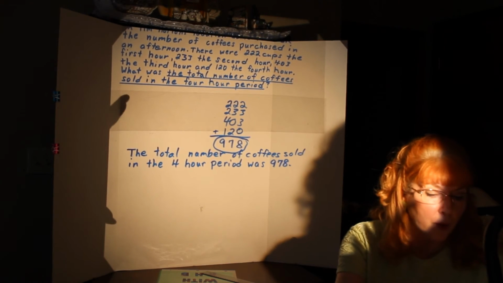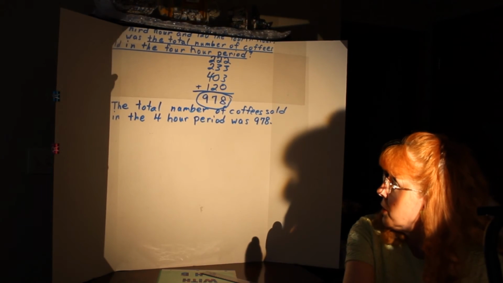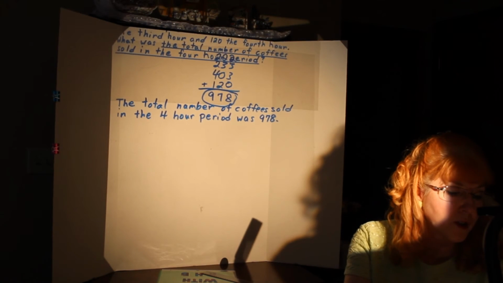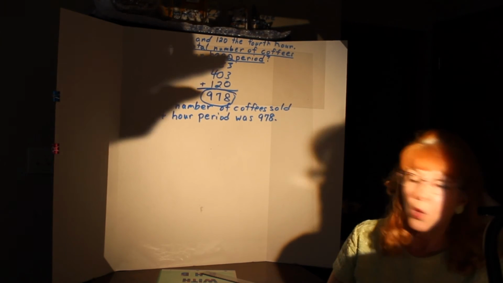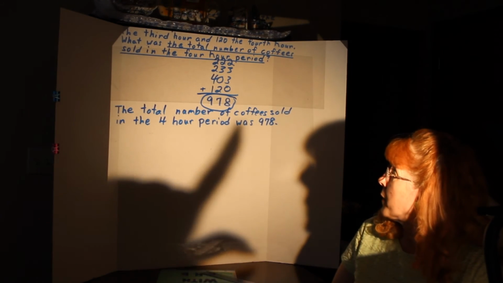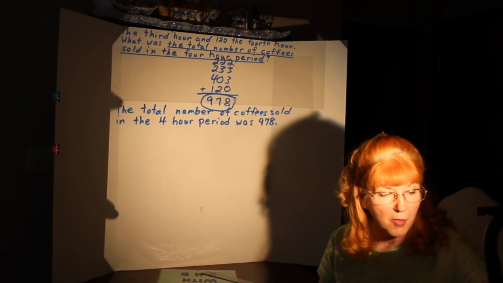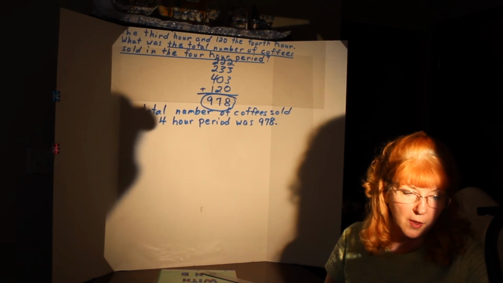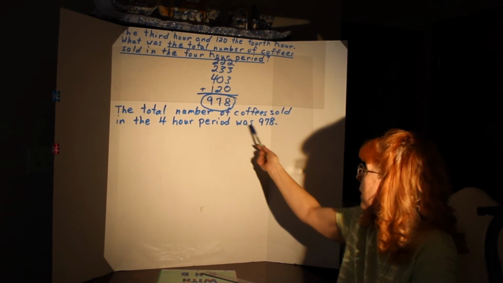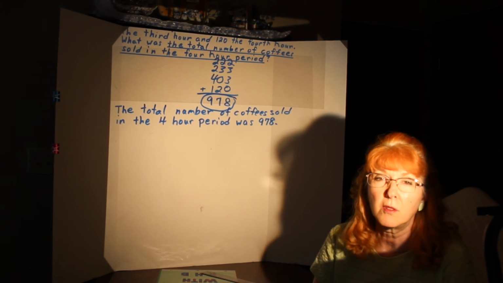So, no thinking, nothing fabulous. All you did was take the word order right out of the question. Total number of coffees sold in the 4-hour period. So we just rewrote it, put a capital at the beginning. The total number of coffees sold in the 4-hour period was 978. So there's our answer. We just plugged it in here, put a period at the end, your sentence is done.